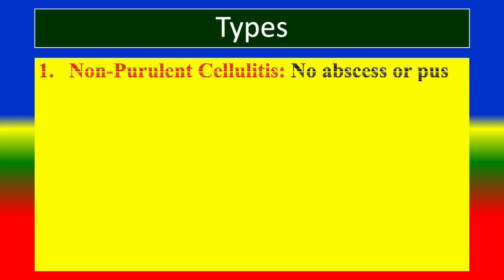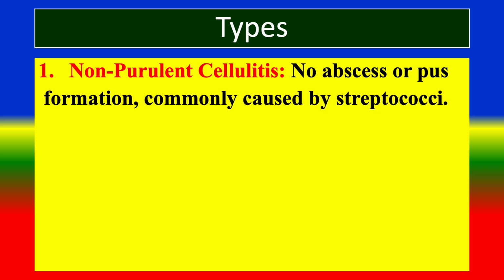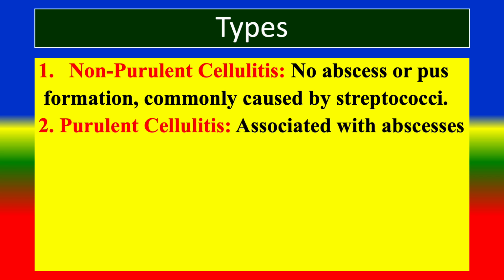Types. 1. Non-purulent cellulitis. No abscess or pus formation, commonly caused by streptococci. 2.